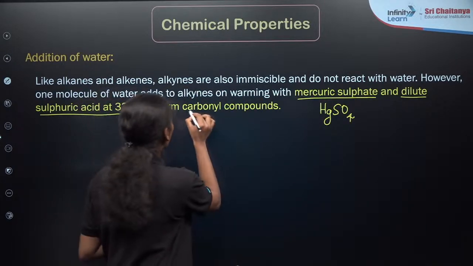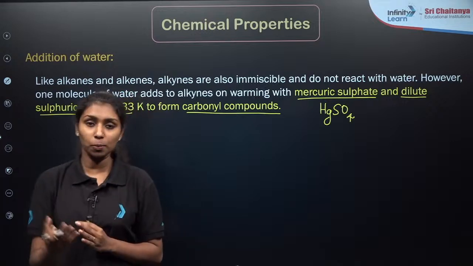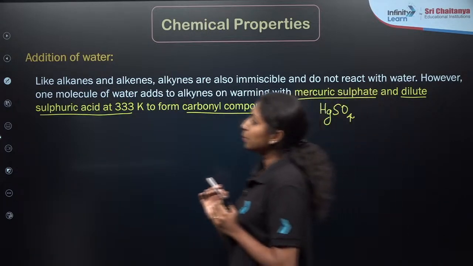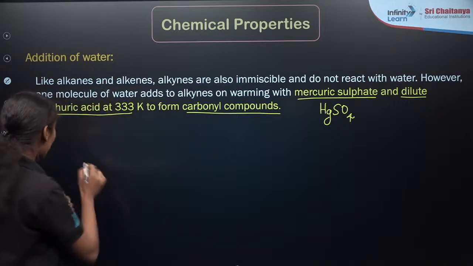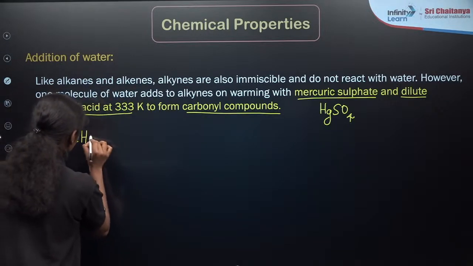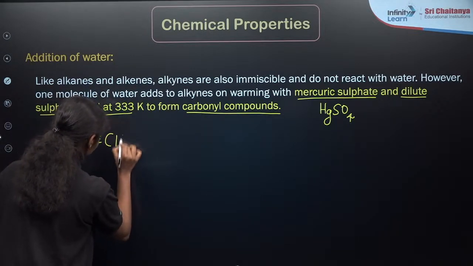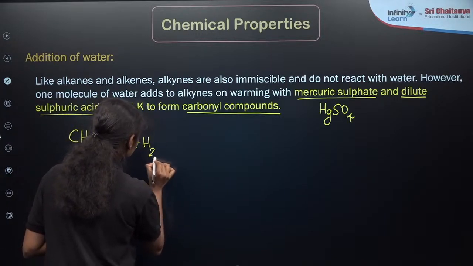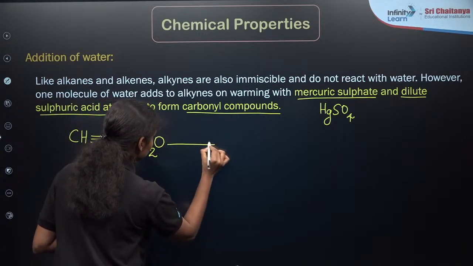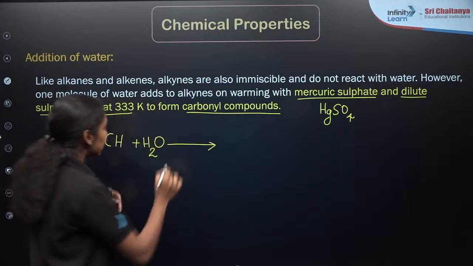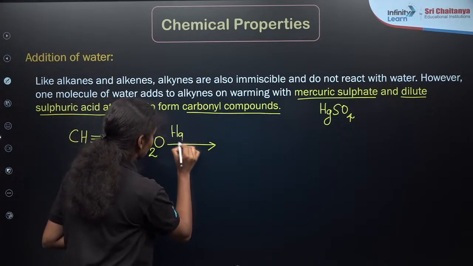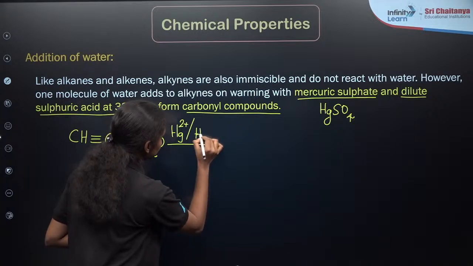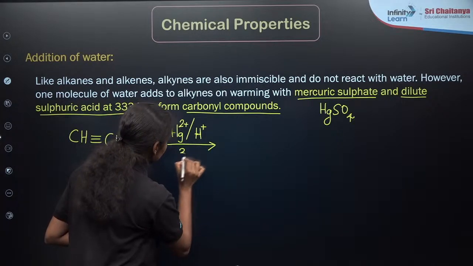You will get carbonyl compounds, right? Carbonyl compounds means compounds that contain the C double bond O group. So here if I am taking CH triple bond CH, same acetylene, this reagent can be represented as Hg2 plus, which stands for HgSO4, then H plus represents the sulfuric acid here at 333 Kelvin.